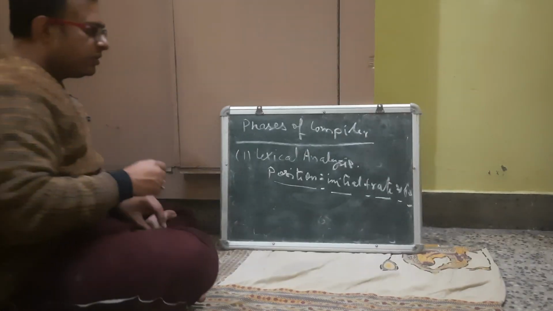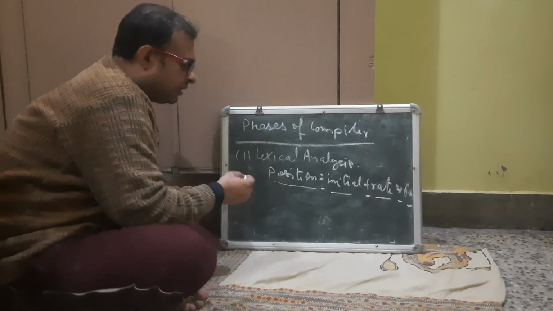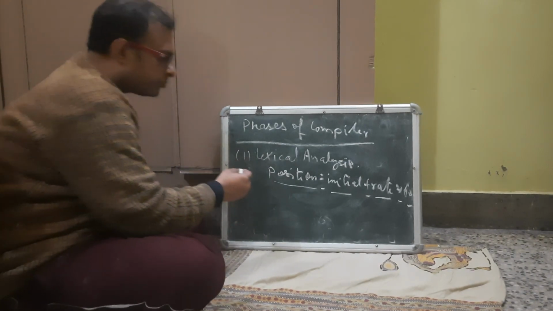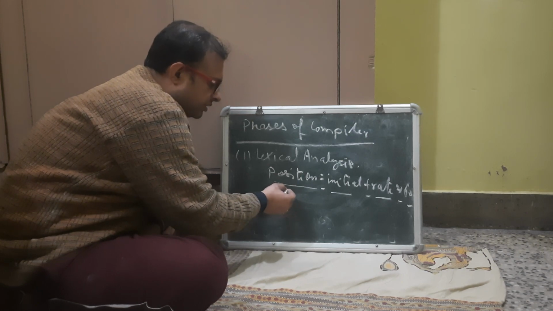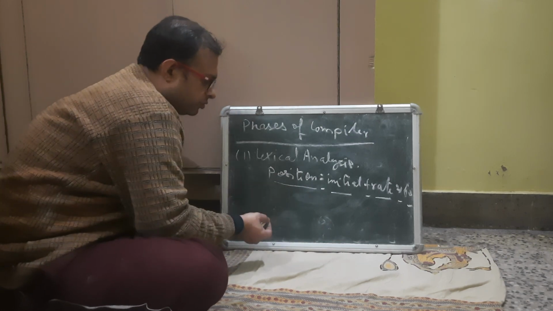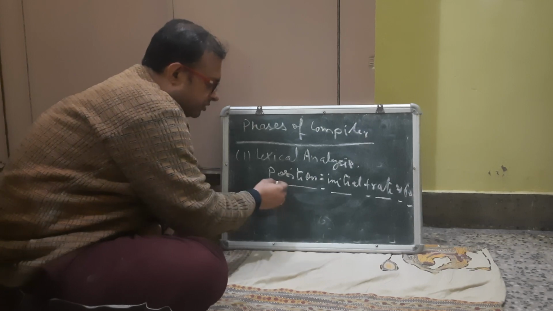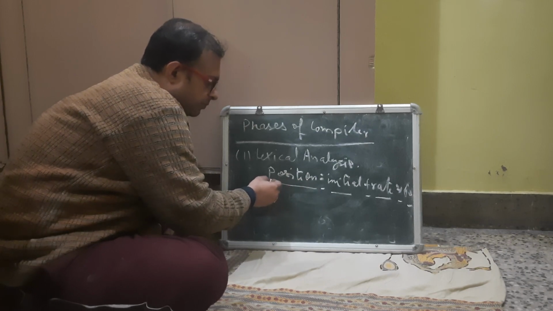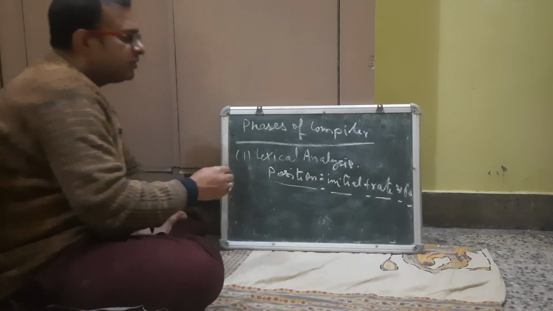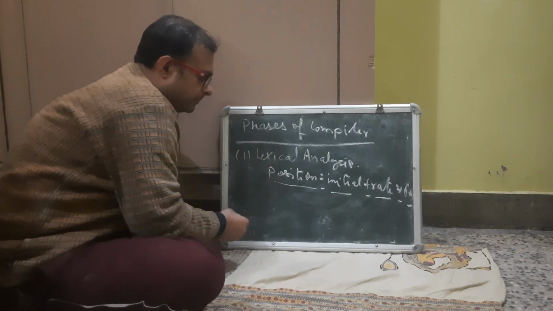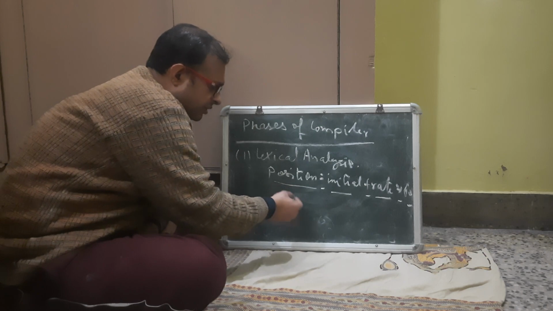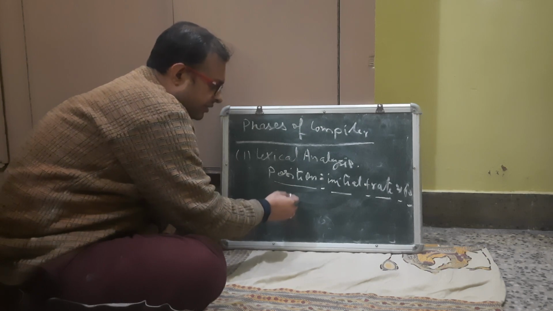What is a token actually? It is a particular category to which you can assign a group of characters. For example, the sequence of characters in position forms one lexical category that is called token, because it is an identifier.